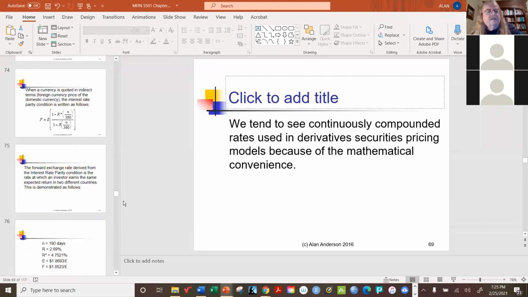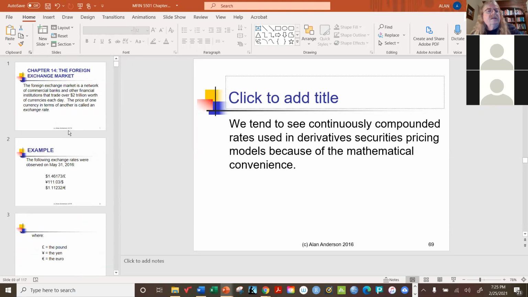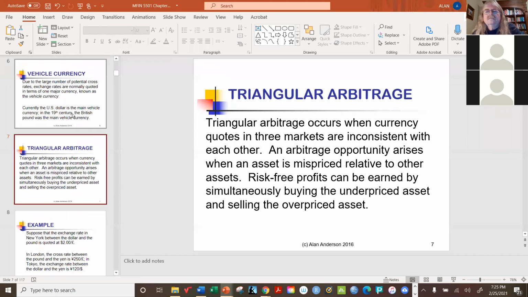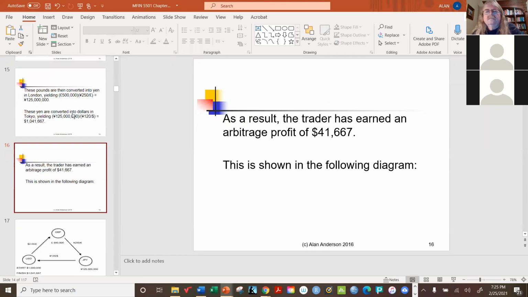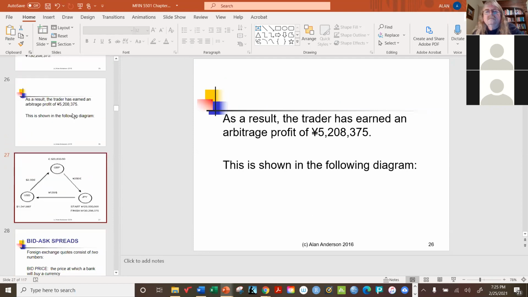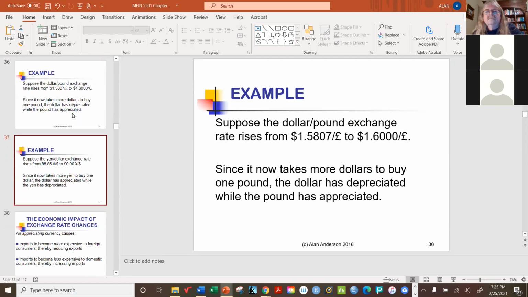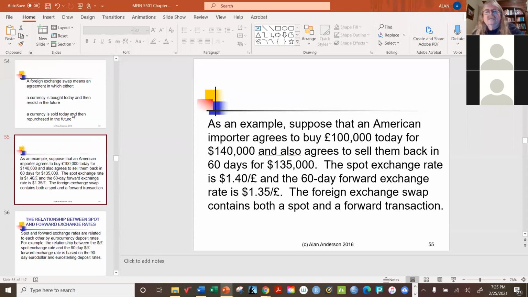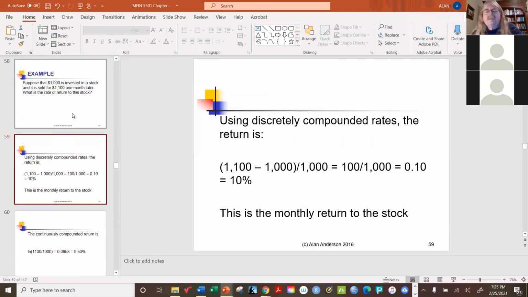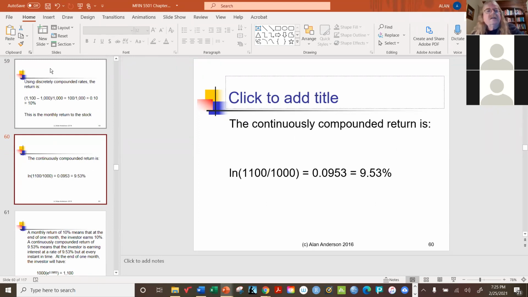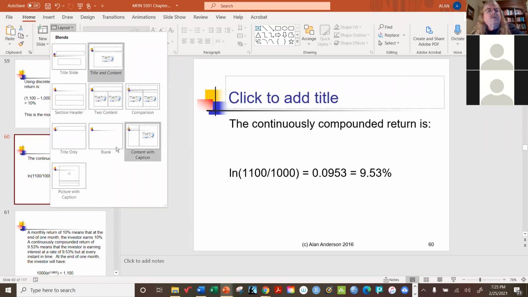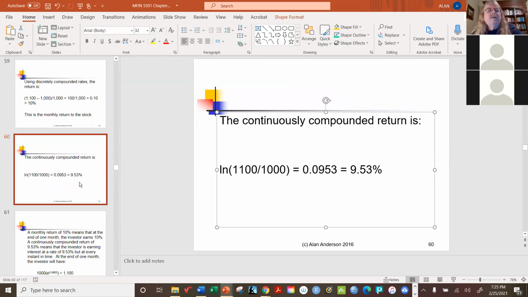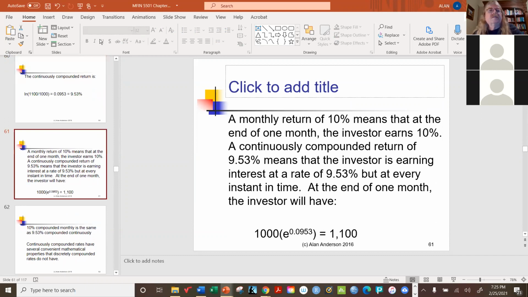I thought I did. Oh, well, maybe not. But anyway, it's important to be aware of the two different kinds of interest rates that we could potentially run into.